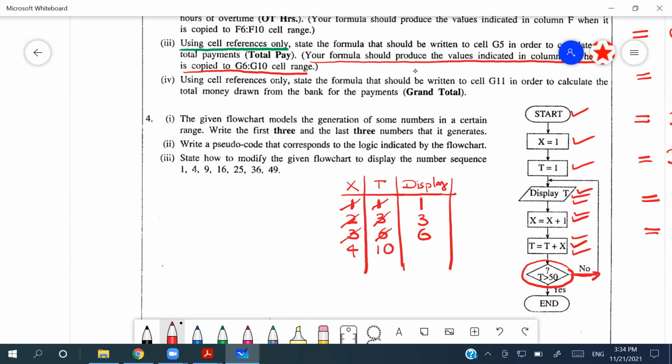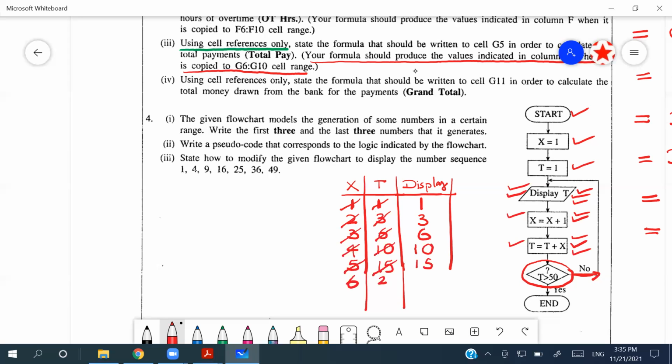And still it is not larger than 50. So that will be displayed once it reaches over here. Then again x will be increased by 1. 4 will become 5. t will be added to x. 10 plus 5 is 15. Still not larger than 50. So comes here, displays t, 15. x is increased by 1, 6. 15 plus 6 will happen.